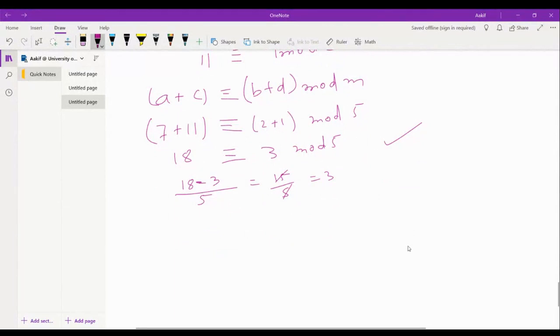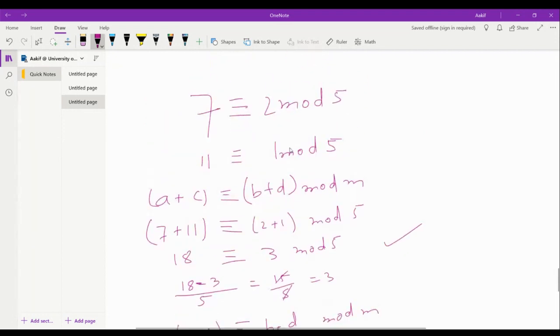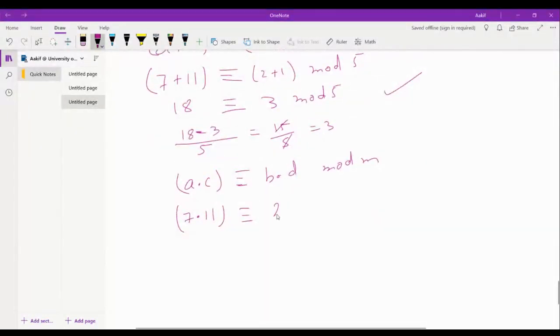Now, let's try to check it for the congruence of products. The congruence of product states that A times C is equal to B times D mod M. Now, in this case, we'll have 7 times 11. Let's check whether it's congruent to 2 times 1 mod 5.